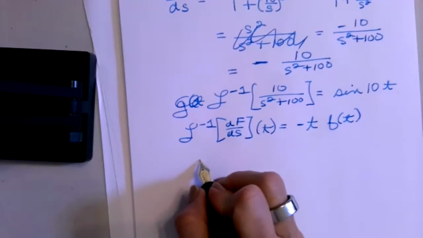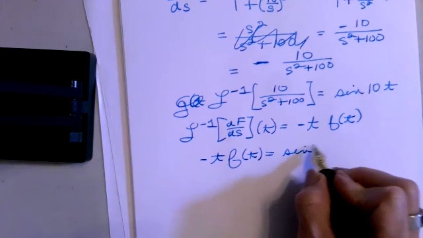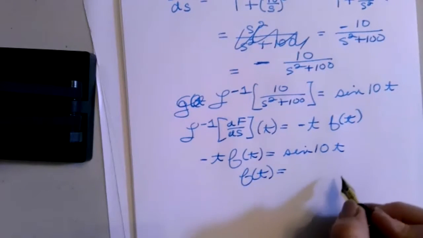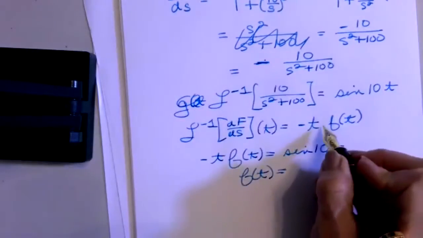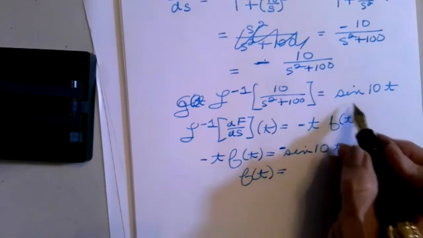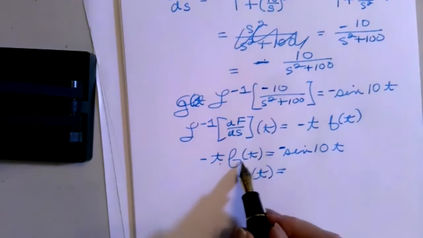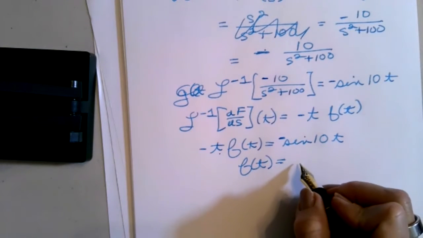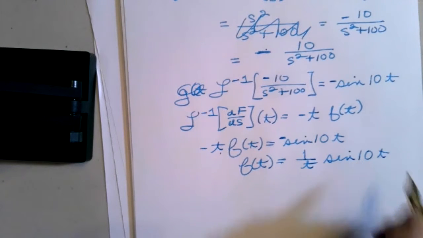So in other words, minus t times f of t is equal to sine 10t. Okay, so I need minus t f of t to be minus sine 10t, because I'm interested in the one with the minus sign here. So that says f of t has to be equal to 1 over t sine 10t. Okay.